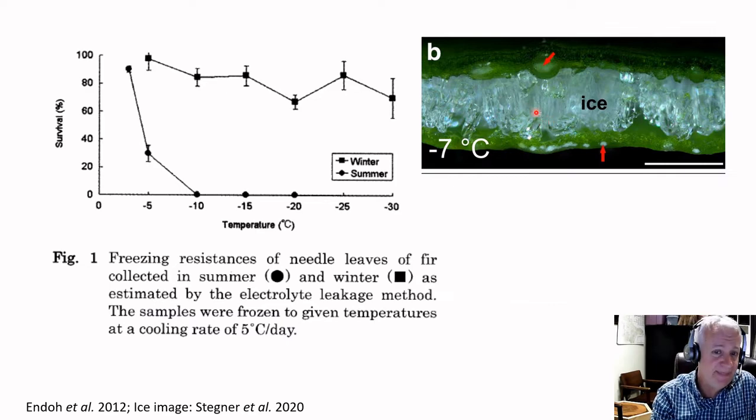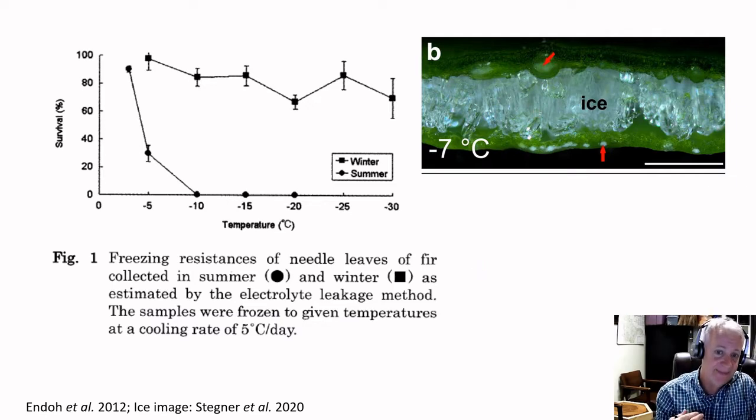So that's one of the mechanisms of frost hardening, is basically things like elevation of solutes inside cells that tends to act like antifreeze and protect the cells themselves from having ice crystal formation in them, and the ice crystal formation is isolated to the intercellular spaces.